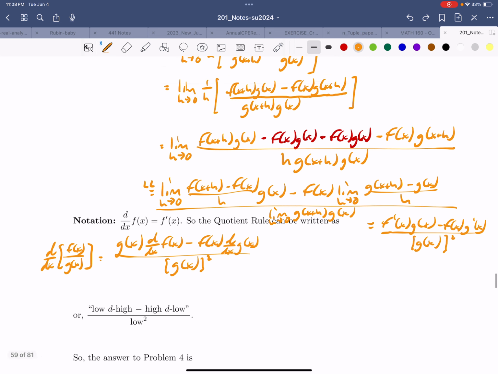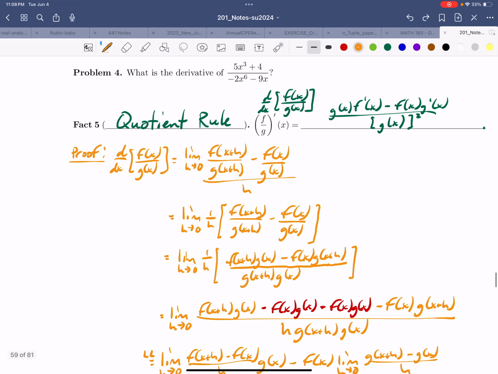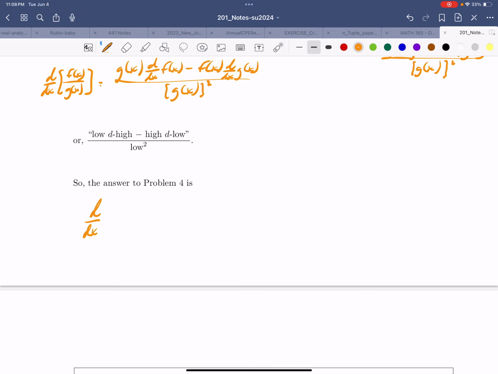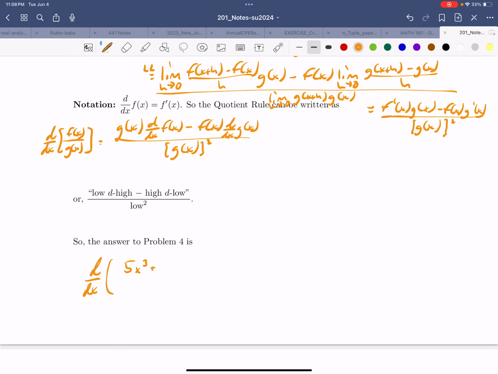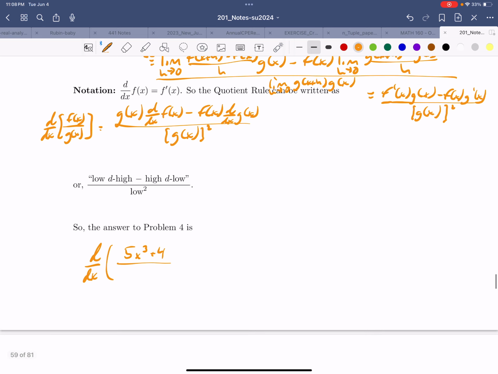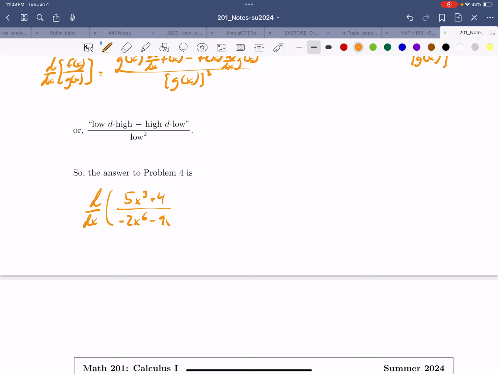Okay? So anyway, the answer to problem 4, so the derivative with respect to x of 5x cubed plus 4 over negative 2x to the 6th minus 9x equals low d high minus high d low all over low squared.